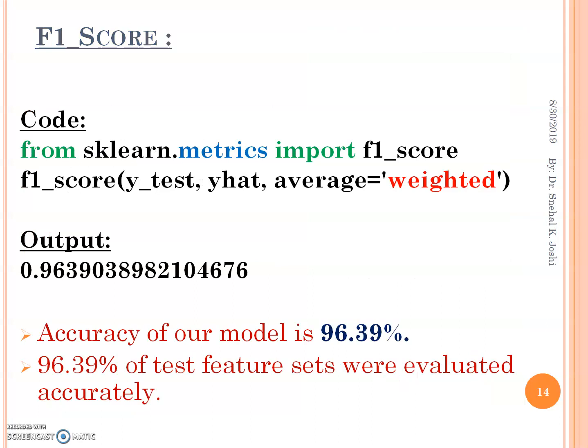So let's look at the code. We use the F1 score function here and pass y-test and y-hat and use average with value weighted. We get the output 0.96390. It is very close to 1 and we can interpret that our model is highly accurate with an accuracy level of almost 96.39%.